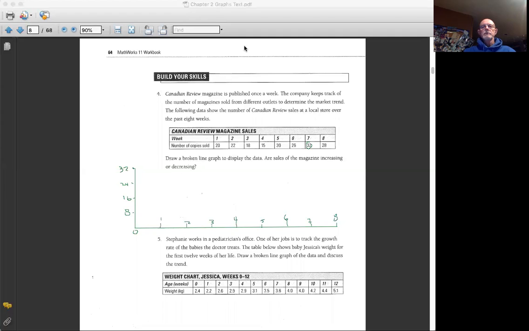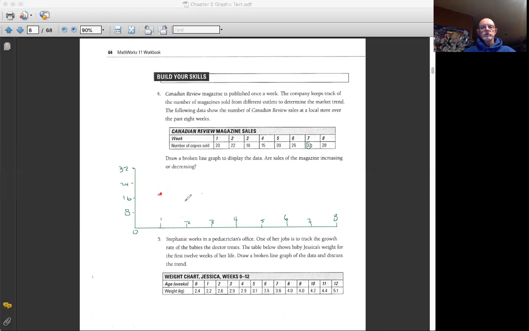Let me change my color. So the first one, week 1, is 20. Okay, so 20 is about halfway between 16 and 24. Yeah, halfway is about 20, okay? So I'll put my data point there. Okay, whoa. Number 2 is 22.